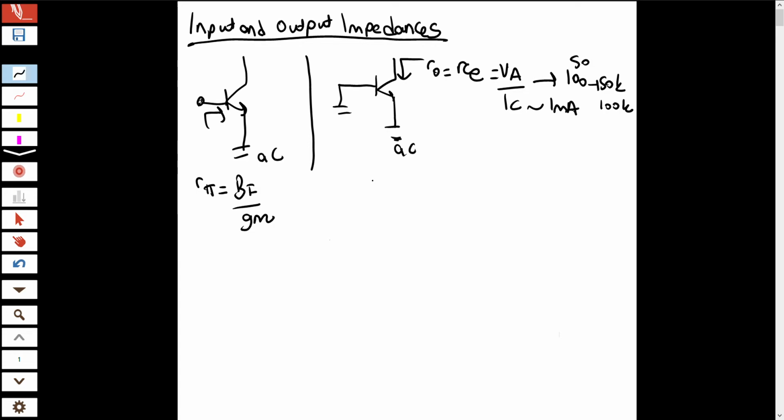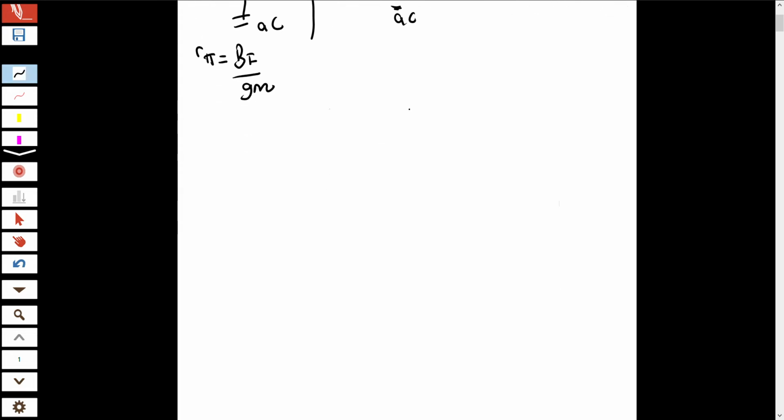And if you have an AC equivalent of this in AC analysis and you look from here, what you see is r_o. Okay, let's now move on. When early voltage is infinite and you look from the emitter side, what you see is 1 over gm.